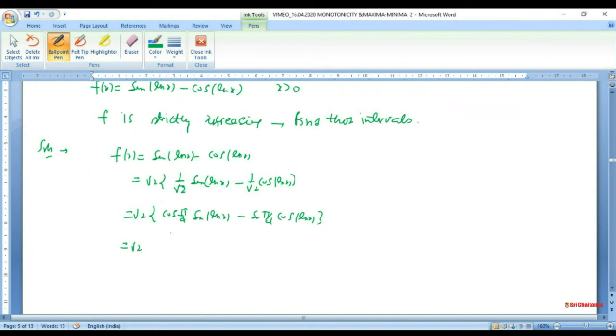That gives root 2 times sine a cos b minus cos a sine b, that is sine of a minus b. So sine of ln x minus pi over 4, and of course x is positive.